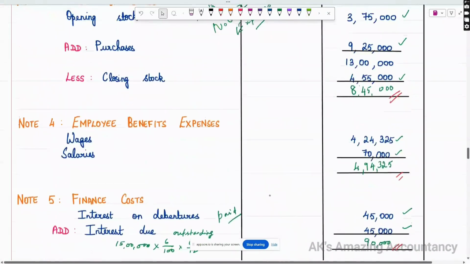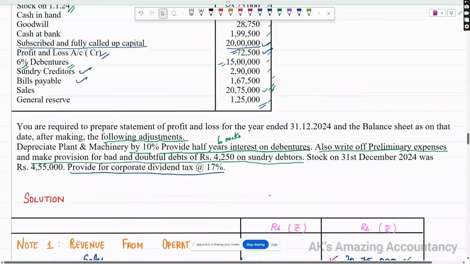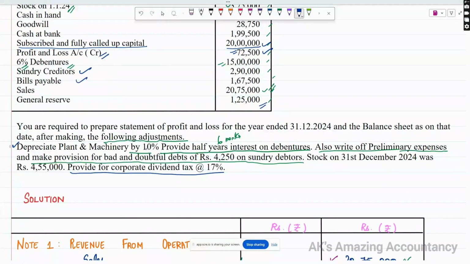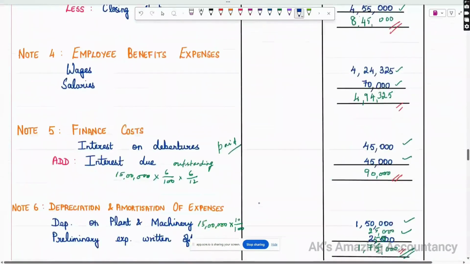See the problem. We are given: depreciate plant and machinery by 10%. We have already shown this depreciation in the statement of profit and loss once, and again it is coming in the balance sheet. It has to be deducted from plant and machinery.